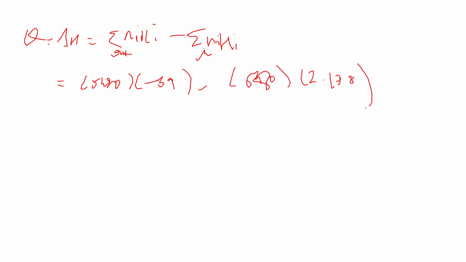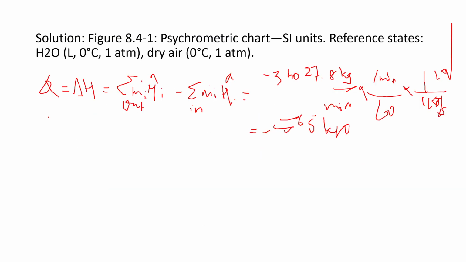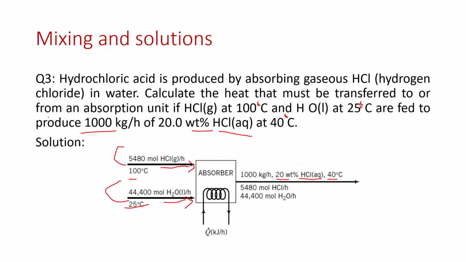We will get a final answer of minus 3.35 into 10 power 5 kilojoule per hour. So this value will be minus 3.35 into 10 power 5. So this is the final answer.